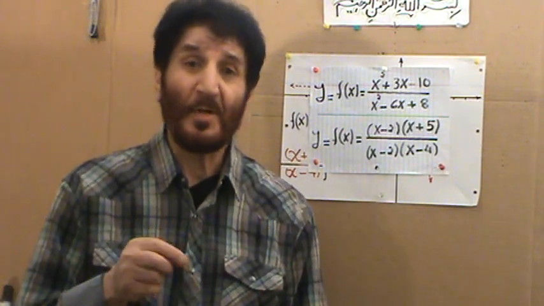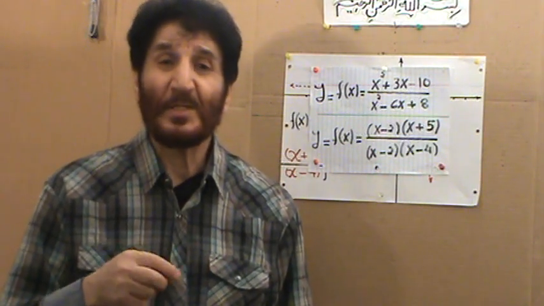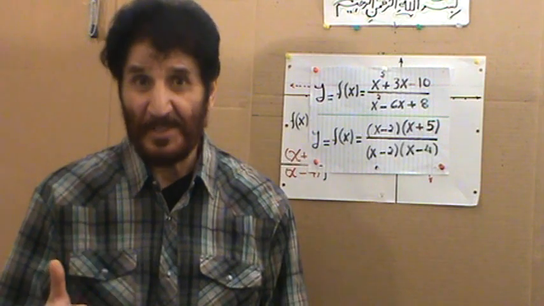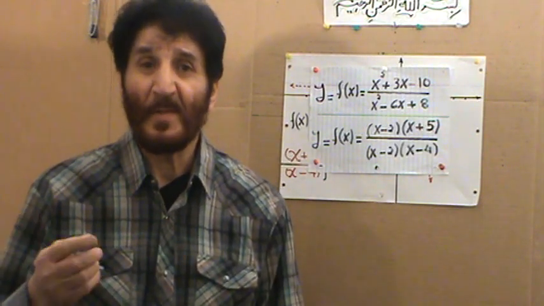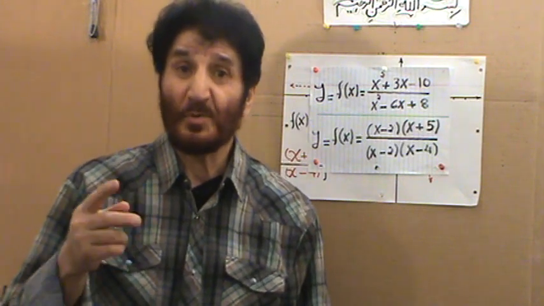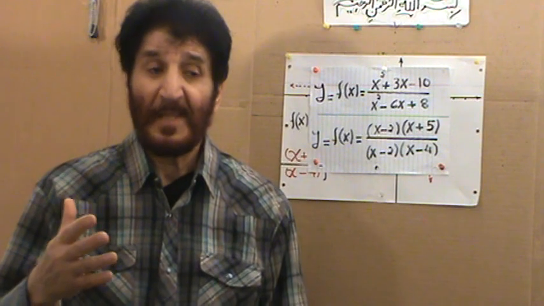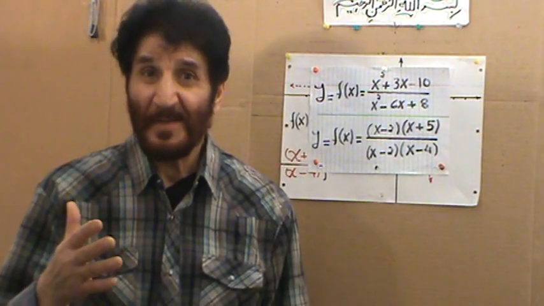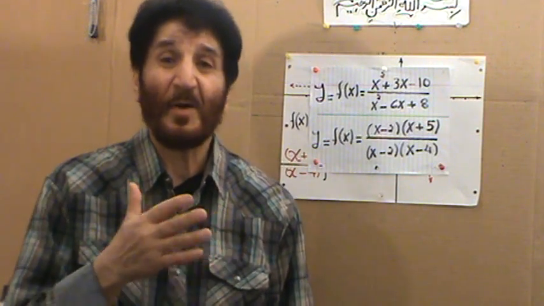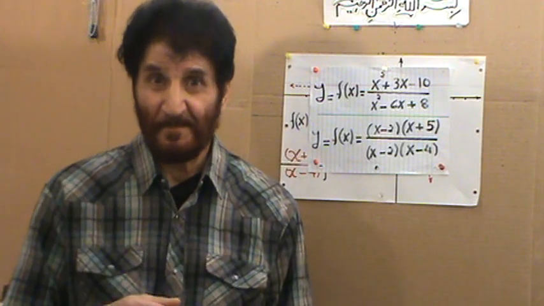Now, 2 and 4 are not in the domain of the rational function, but not being in the domain does not mean that we have to ignore them, even though we are used to it. For example, if we want to sketch the graph of y equals square root of x, where x is a non-negative real number, then the domain is the non-negative real numbers. We are not concerned about negatives, our concentration is on the domain from 0 to positive.